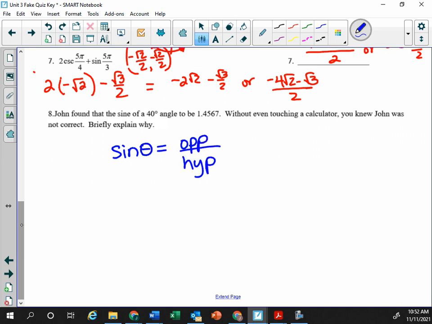What do we know about the hypotenuse in a triangle? It's the longest side. If you're doing a shorter side over a longer side, it's never going to be bigger than 1, right? Okay, so just your basic geometry knowledge is all you really needed to answer that one.